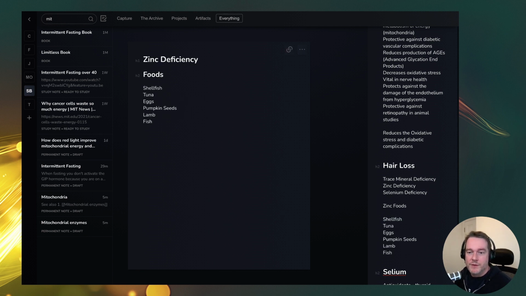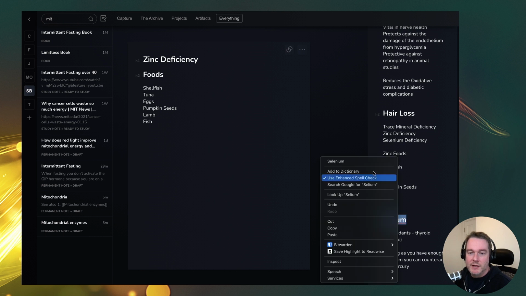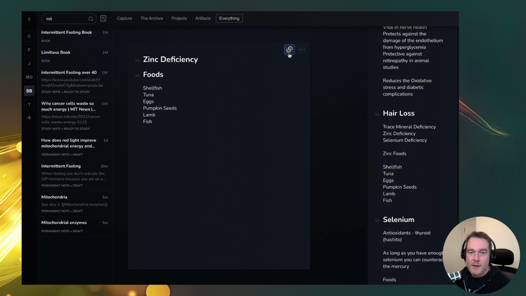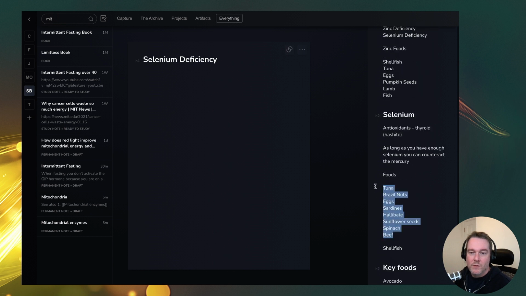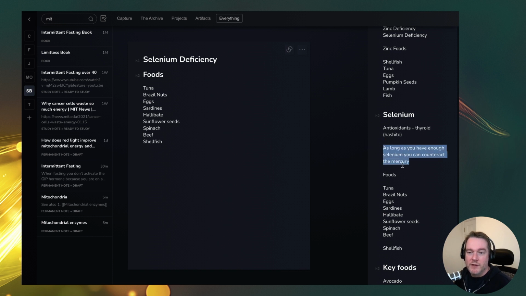So foods, those are some foods there. Selenium, let's go into the selenium deficiency. We've got foods there, and shellfish. As long as you have enough selenium, you can counteract. So antioxidants. Let's have a look at selenium.